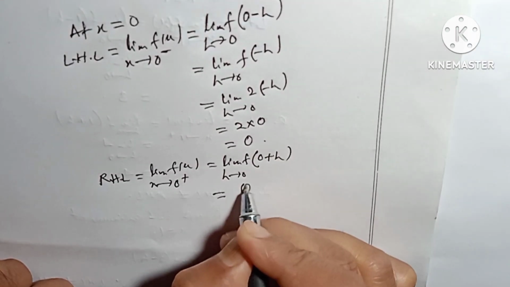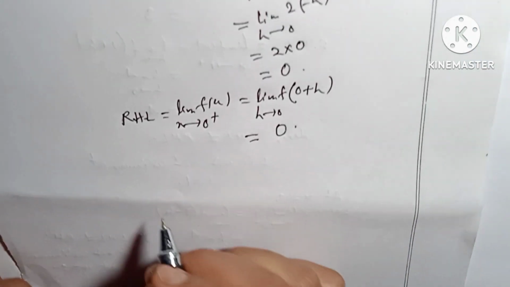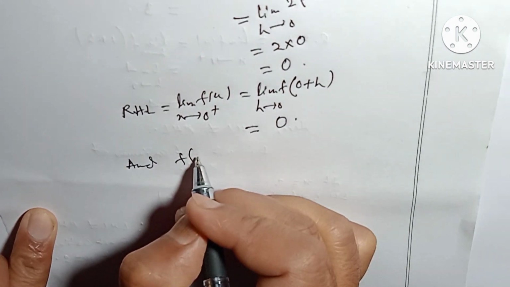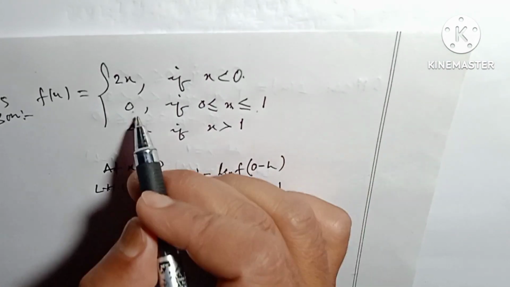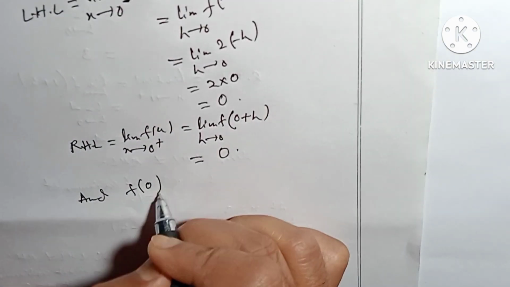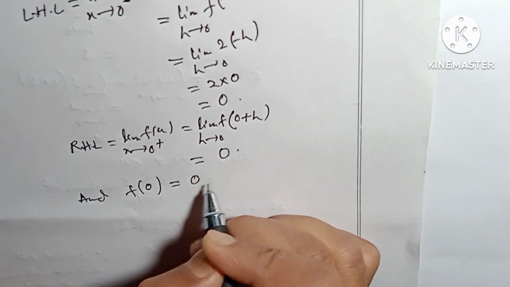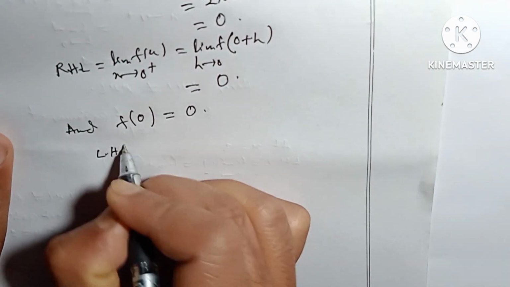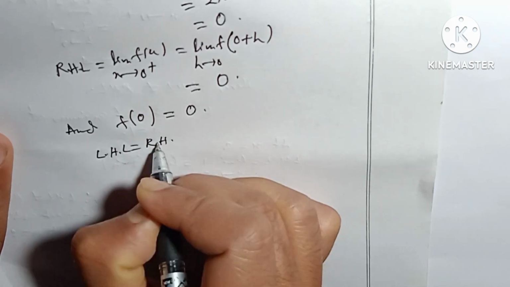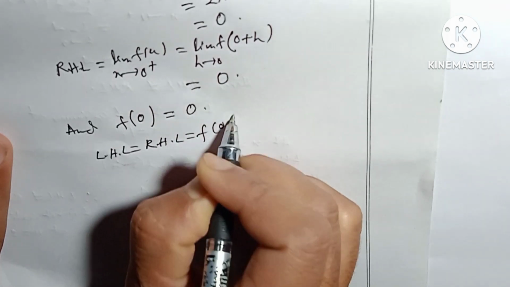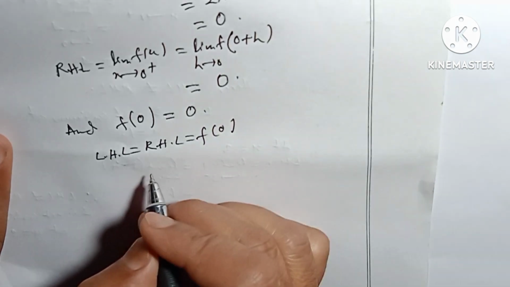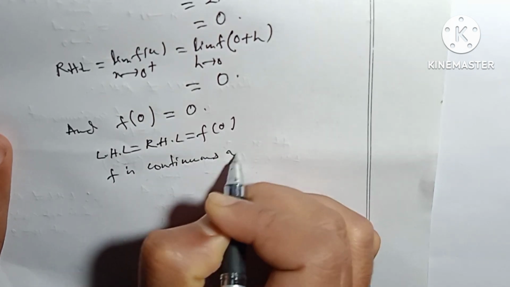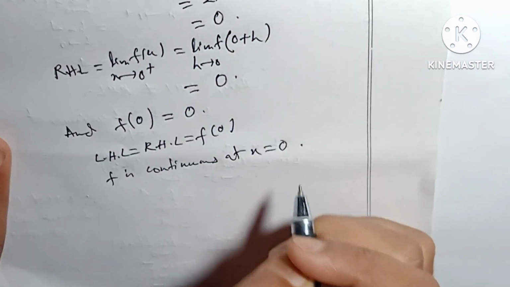And f(a), that is f(0), is also equal to 0. Here the left hand limit equals the right hand limit, and f(0), all are equal to 0. Hence f is continuous at x equal to 0.